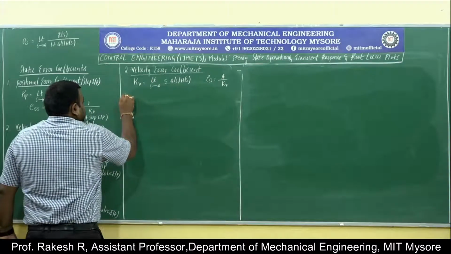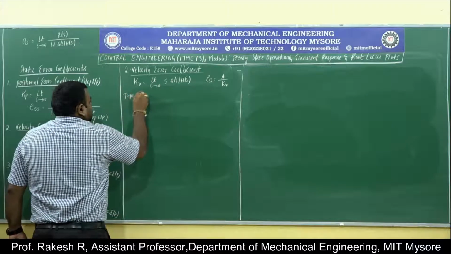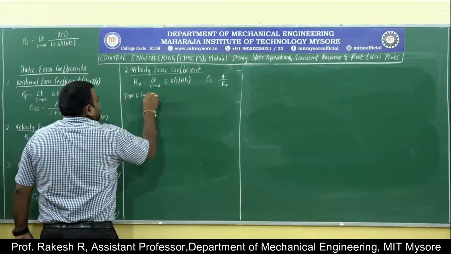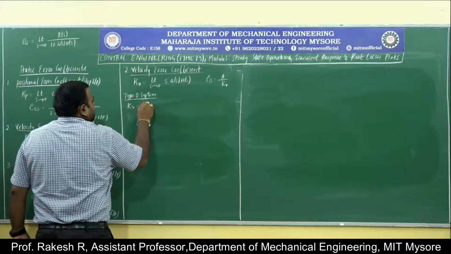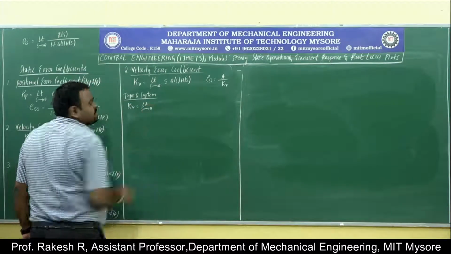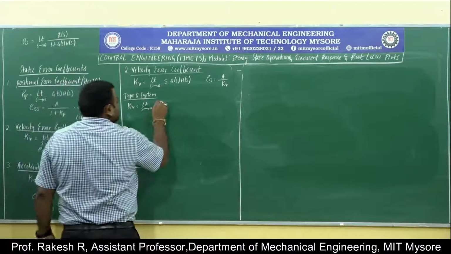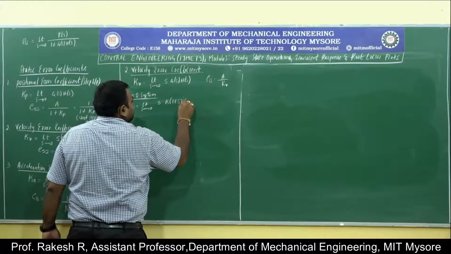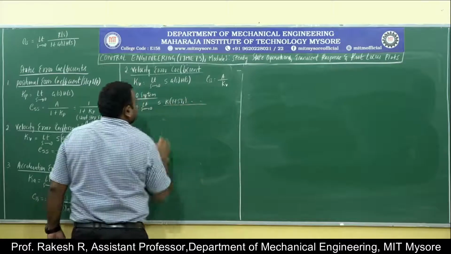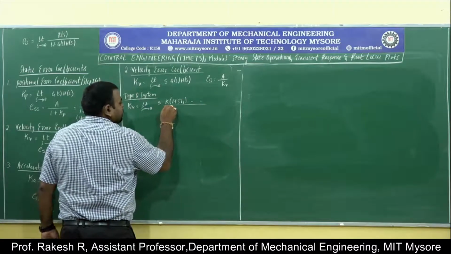If I consider type 0 system, I will write directly Kv will be equal to limit of s tends to 0, s into K into (1 plus sT1), (1 plus sT2), etc. divided by s to the power of n.